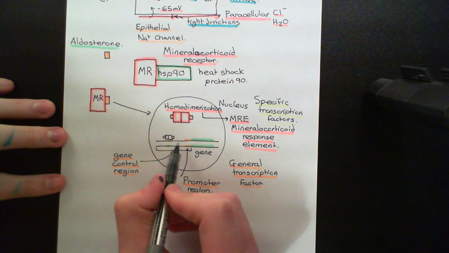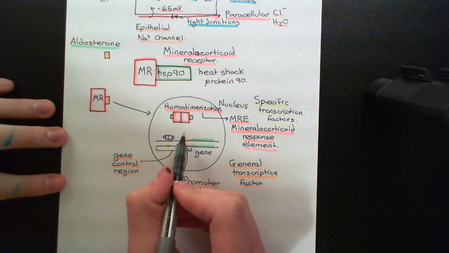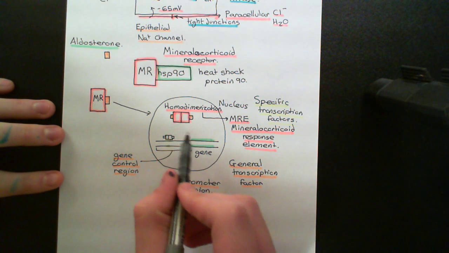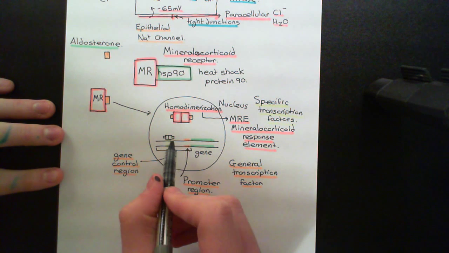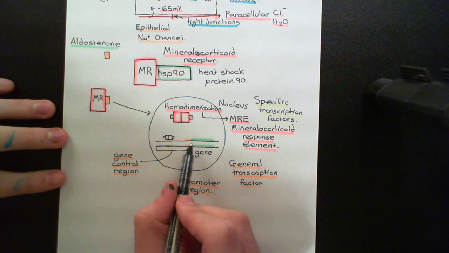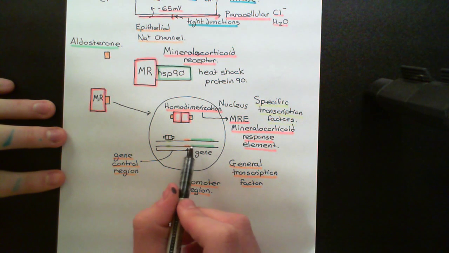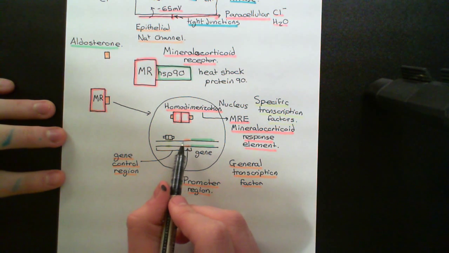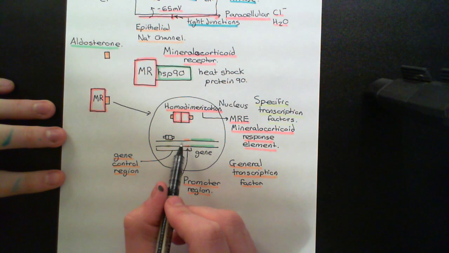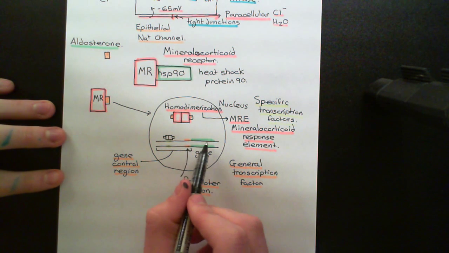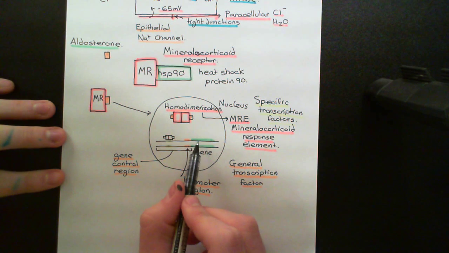And there are different ways it can do this. It can either directly bind to the assembling general transcription factors and stop them from actually correctly assembling, which would then disrupt the transcription of the downstream gene and reduce it, or it could bind and promote the assembly of the general transcription factor complex and then the RNA polymerase II on top, and that would of course increase the expression of the downstream gene.